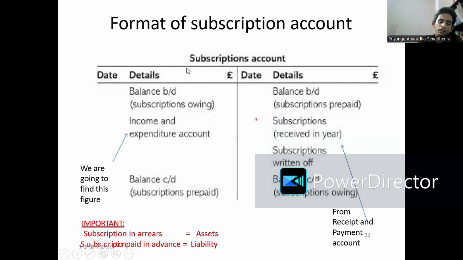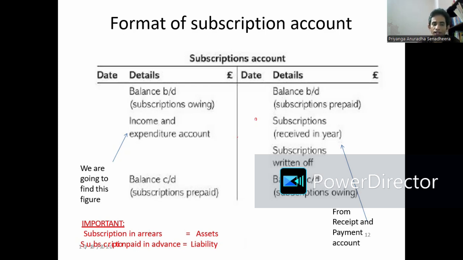So next, what we are going to move to is subscription account. I have told you subscription is membership fee that the members will pay to us, and club survival is mainly based on that. And here it's important to remember two very important terms: subscription in arrears or subscription owing, and subscription paid in advance.